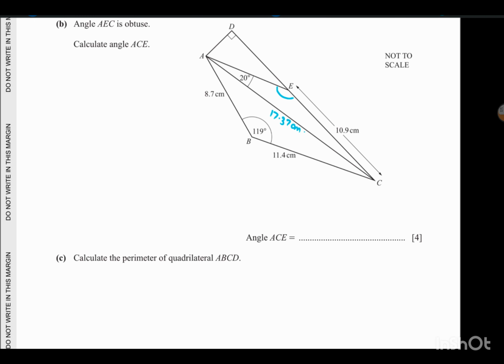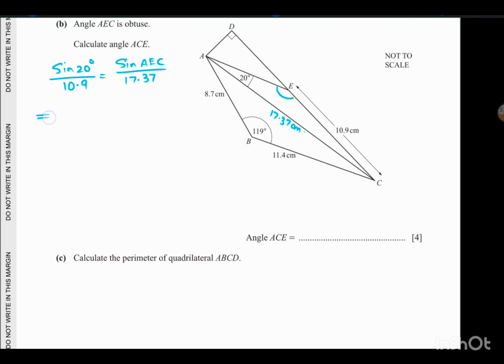Using the sine rule, we'll find out this angle, angle AEC. So sine 20 by the opposite side of it, 10.9, will be equal to sine of angle AEC by 17.37.